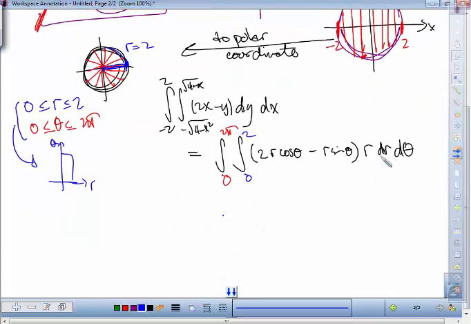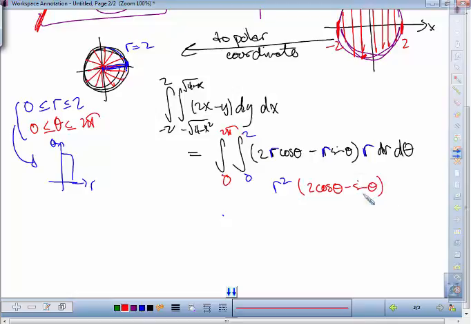So the thing that we can also notice is that there are r's all over the place, but we can factor the r inside, and there will be one r from this parentheses and then another r over here. Now we can imagine this as being r squared times 2 cosine theta minus sine theta in the integrand.